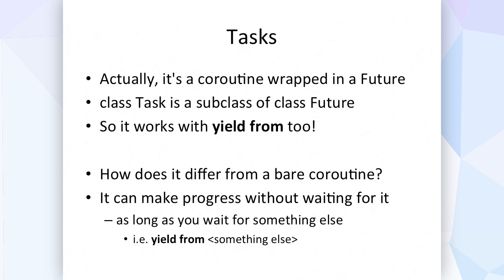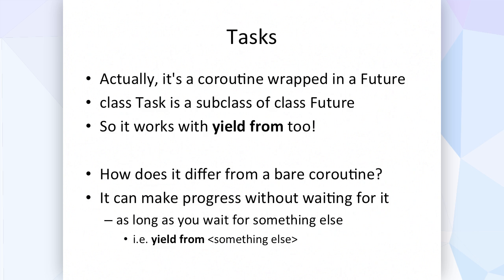On the other hand, if you're using a coroutine, because it's actually really just a generator, and because of that thing I couldn't explain, the coroutine just sits there waiting for you to wait for it, and it doesn't actually make any progress.